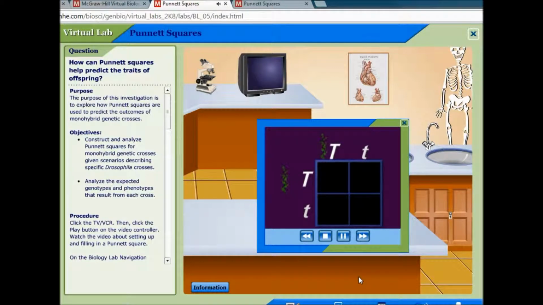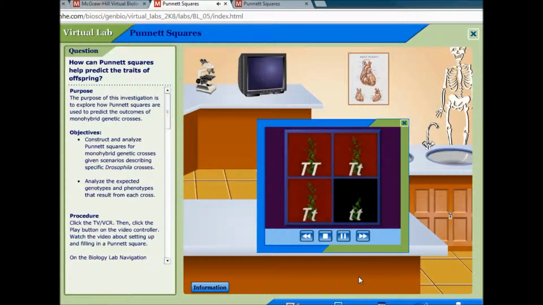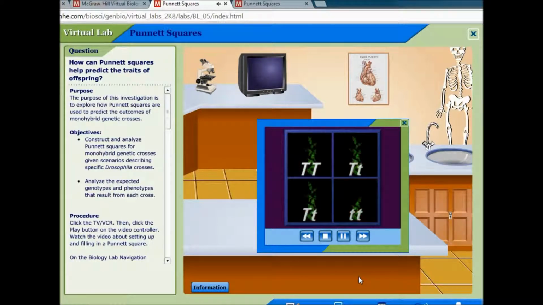To determine the possible genotypes of all offspring, each box is filled in with the alleles to the top and the left side of that box. Each box then contains two alleles, one possible genotype. You can see that there are three different possible genotypes and yet only two possible phenotypes.